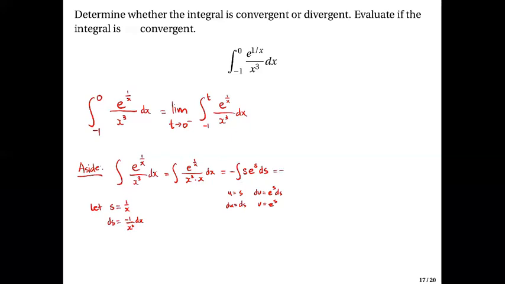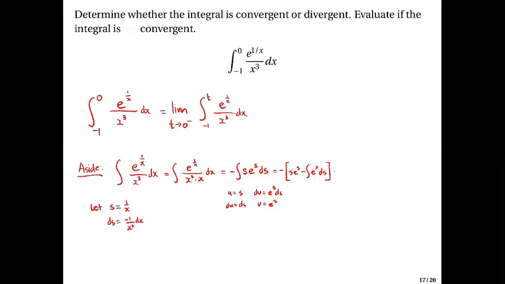So we have the negative quantity, uv, which is s e to the s, minus the integral of v du, e to the s ds.